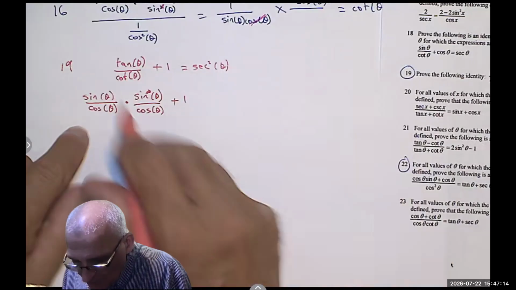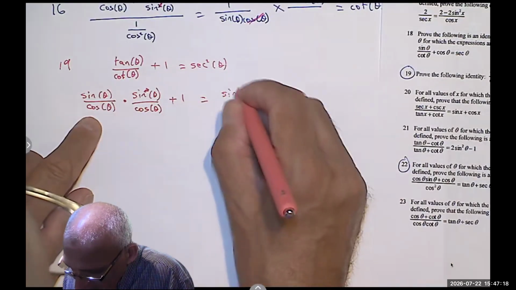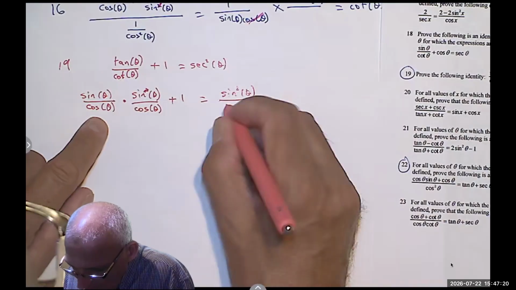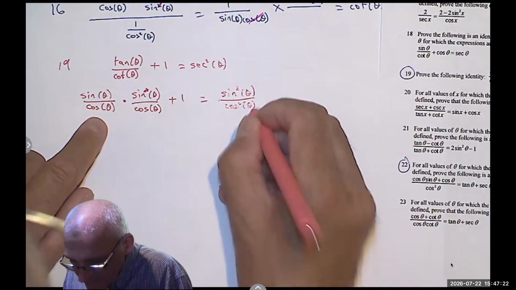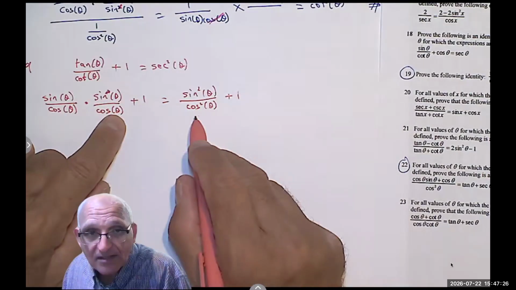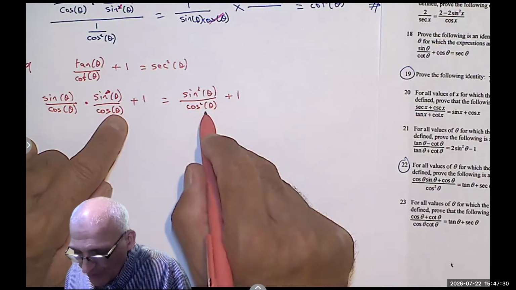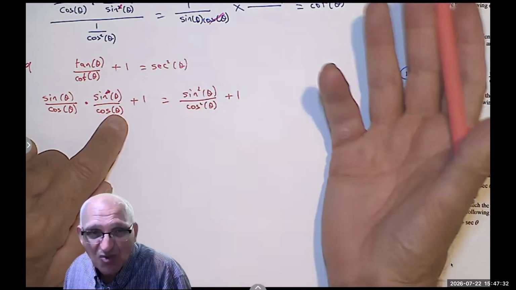Okay, so sine square over cosine square plus 1 equals what? I know that this is tan square, and tan square plus 1 is secant square.